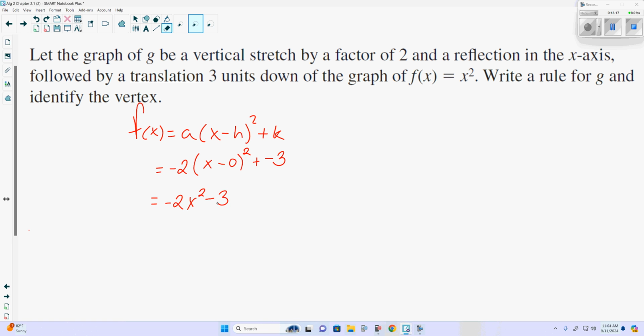That's kind of nice, a little bit easier, yes? But that's only if they list the stretch or shrink first, the reflection second, and then the translations last. If they do stretch and shrink, reflections, then translations, it works like that very nicely. If they do the translations or any different order, we can't just do this. Does that make sense?